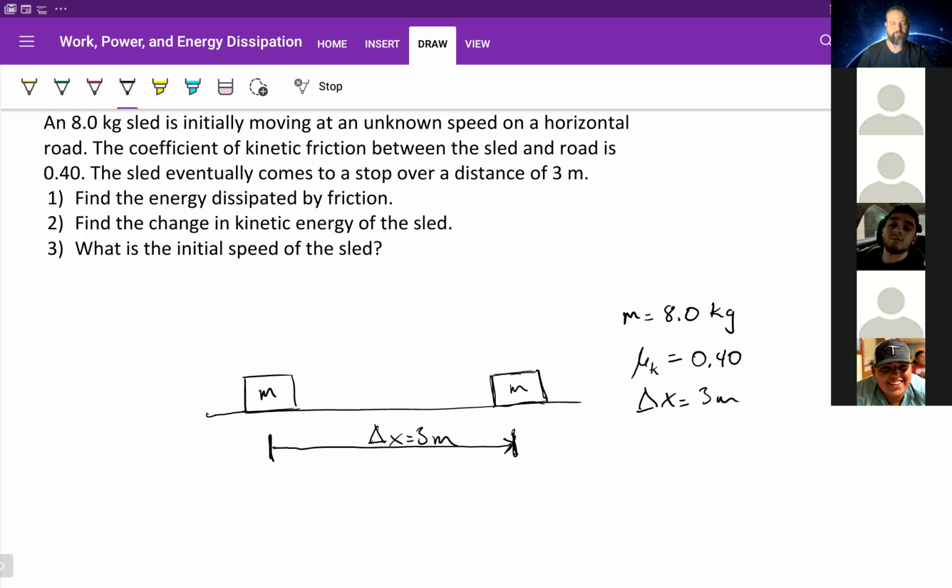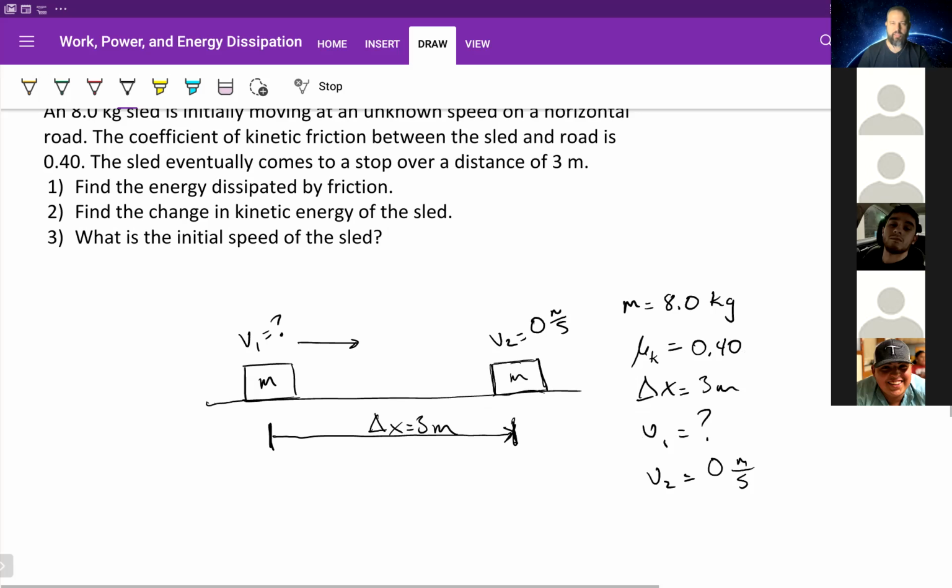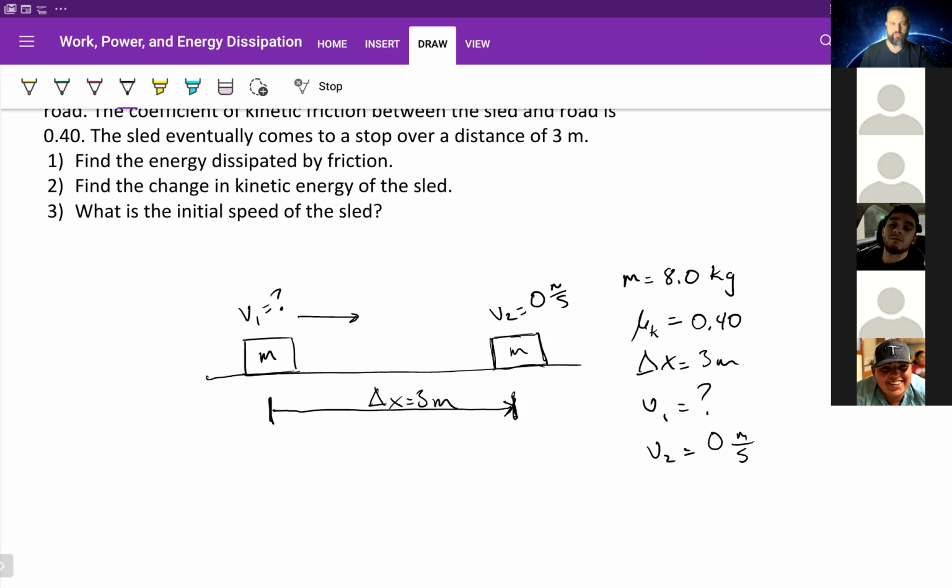The box is moving this way, and we have an initial velocity of we don't know what. The sled eventually comes to a stop over a distance of 3 meters, so the final velocity is 0. So v1 is unknown, and v2 equals 0 meters per second. I think that's all the information that we have.